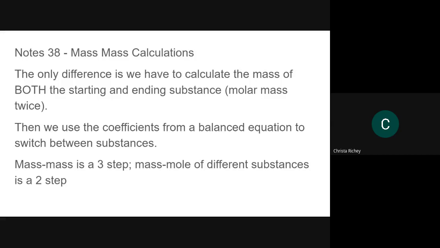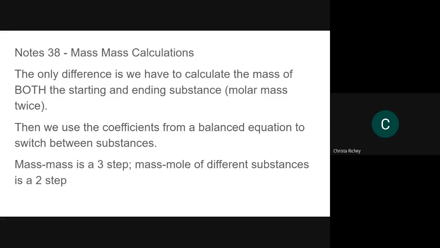First base, so it would look like this. We're going to go from grams to moles to moles of something else, and then moles to grams of what you're switching it into. But you're going to see this. Grams.